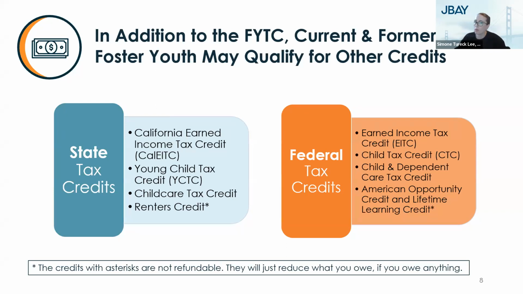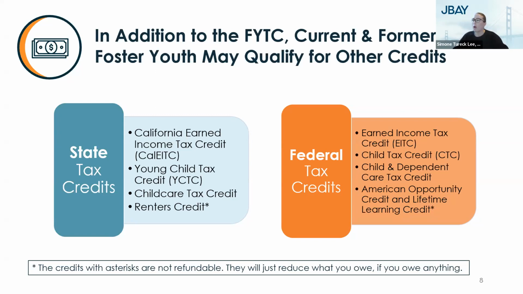In 2023, 93% of current and former foster youth ages 18 to 25 owed no taxes. So the vast majority of these young people are keeping their cashback credits. I think that's really important to know, because I know there's often fear that filing is going to somehow be a detrimental experience for young people. And 7% owed. Some youth are going to owe, but most are not.